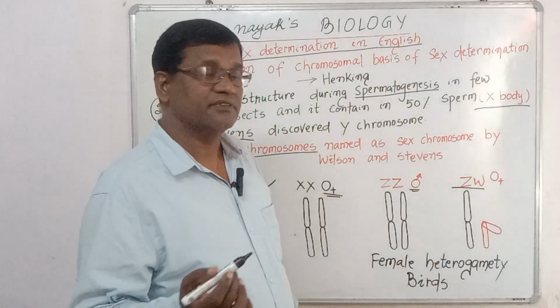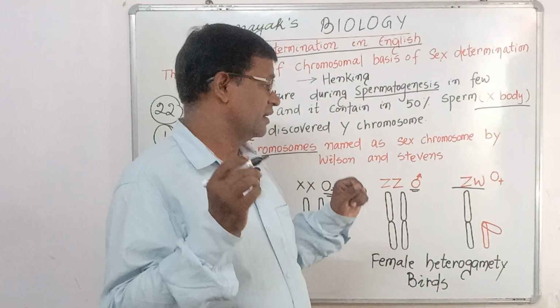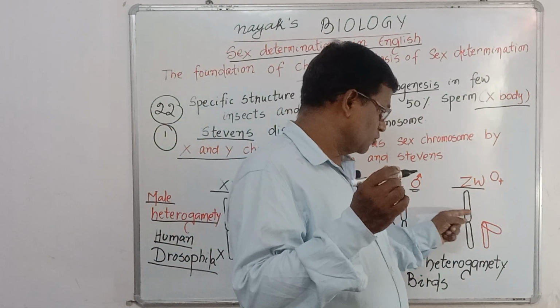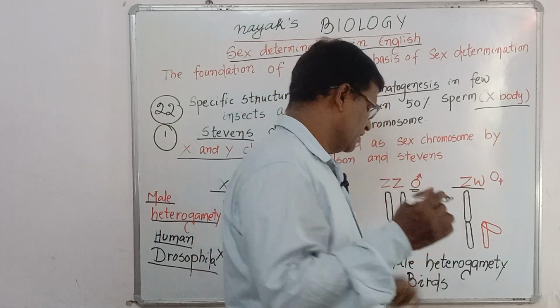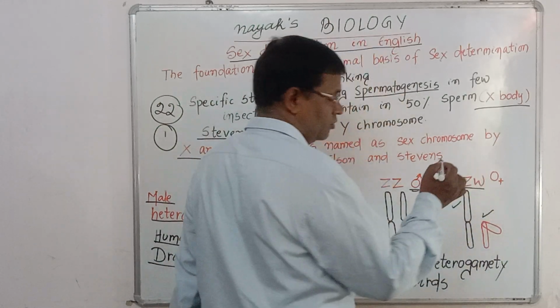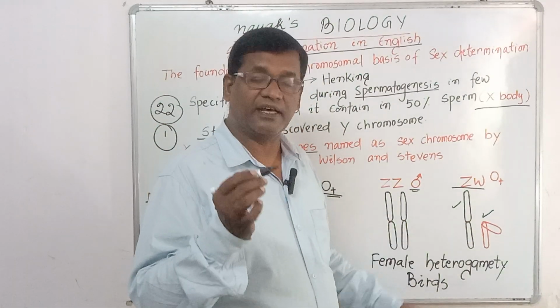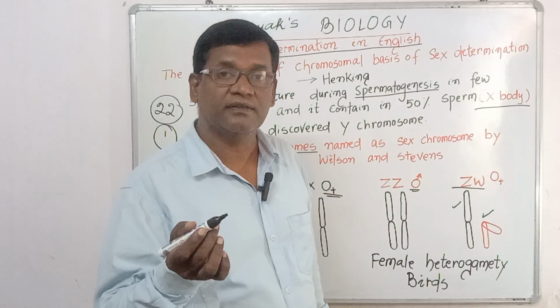What does it mean? ZZ means the two chromosomes are the same. In the female we have two different chromosomes: this one is Z and this one is W. Because two different chromosomes are there in the female, she produces two different types of egg.